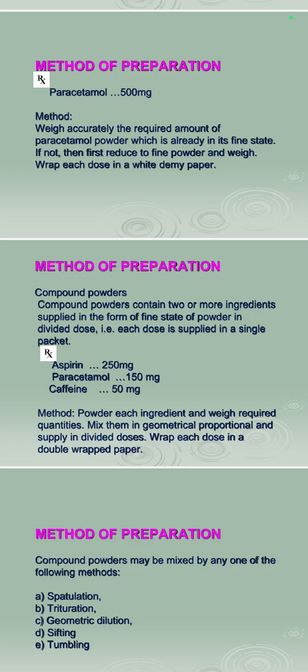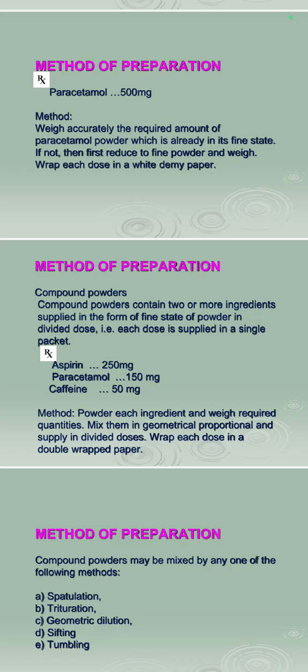You can see about the compound powders. The compound powders contain two or more ingredients supplied in the form of fine state of powder in divided doses. That is, each dose is supplied in a single separate packet. An example is APC powder.